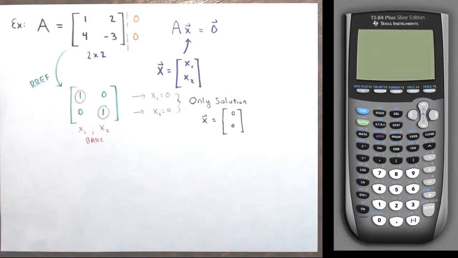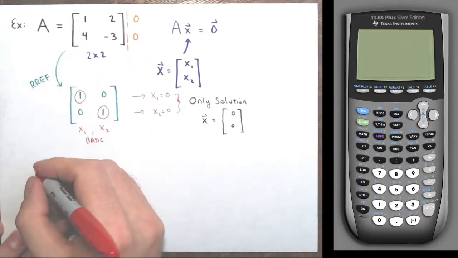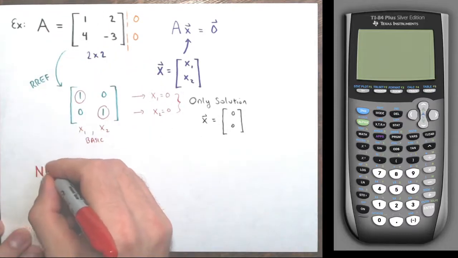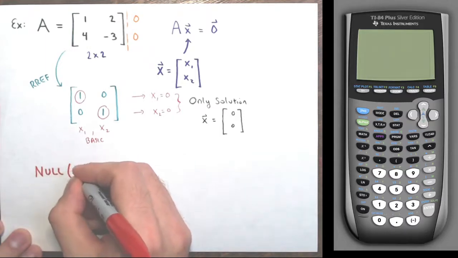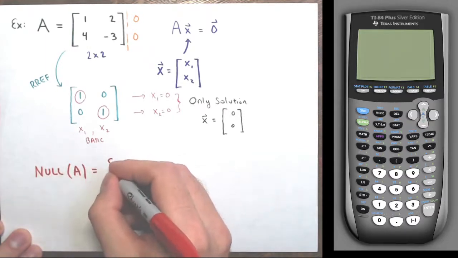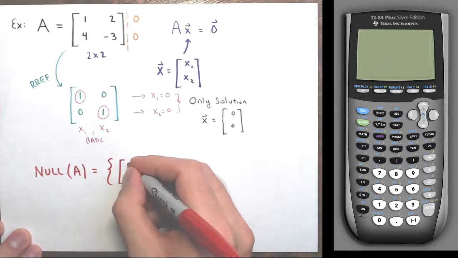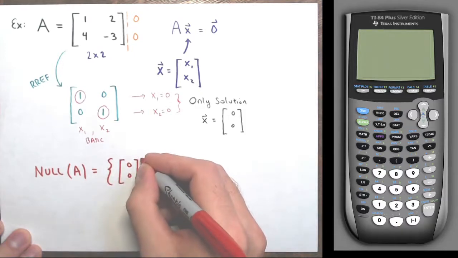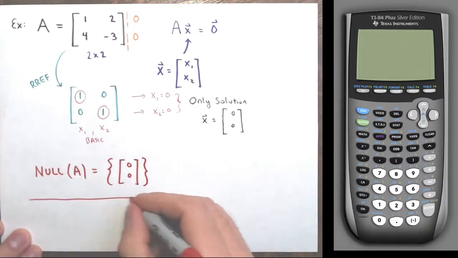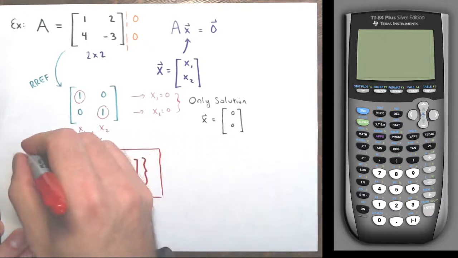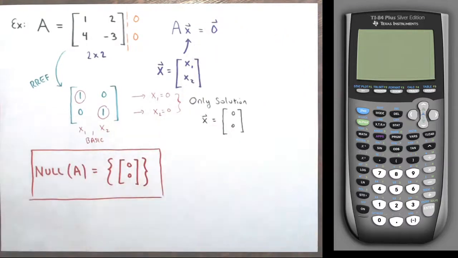So now instead of the null space having infinitely many vectors in it, here's a matrix where the null space of this matrix is just the set with the 0 vector in it. That's it. That's the only solution to that equation.